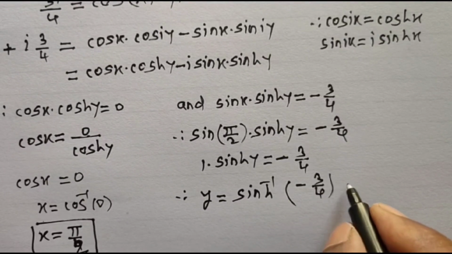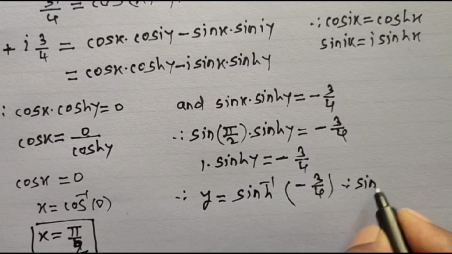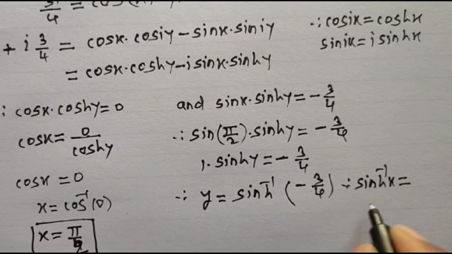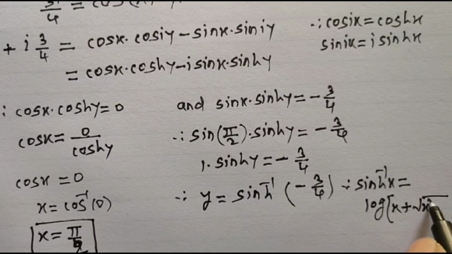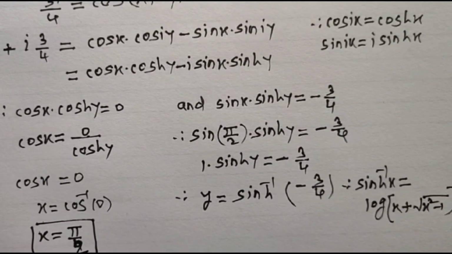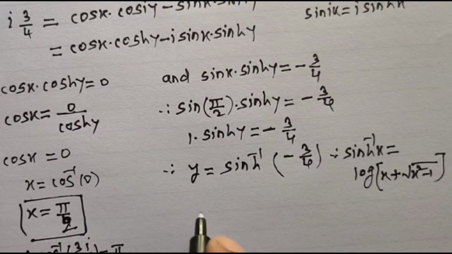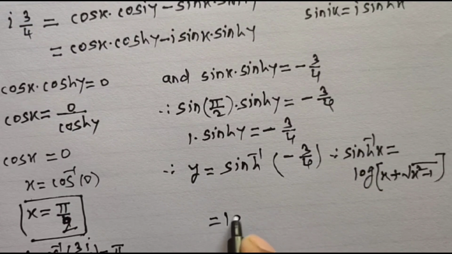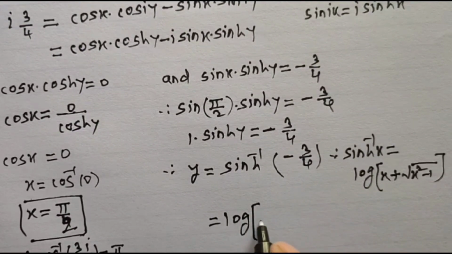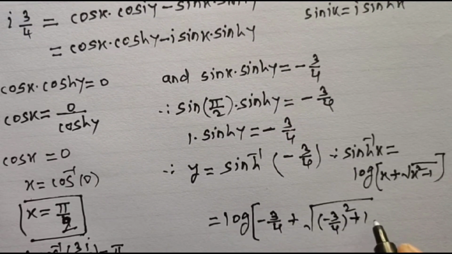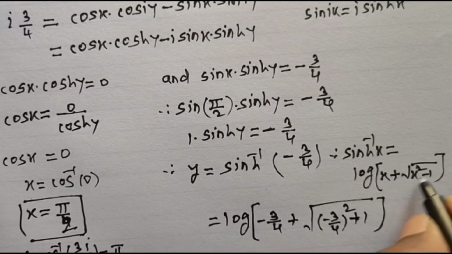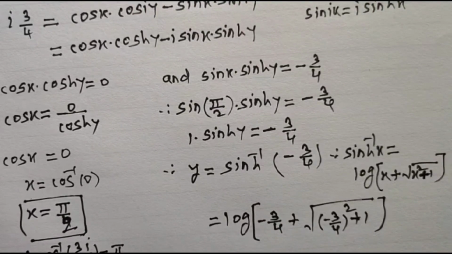And you know, hyperbolic sin inverse x, its formula is logarithm of x plus square root of x square plus 1. Applying this formula here, this can be written as logarithm of, x is minus 3 upon 4 here, minus 3 upon 4 plus square root of minus 3 upon 4 its square plus 1. Sorry, here plus 1, not minus 1, plus 1. Okay.